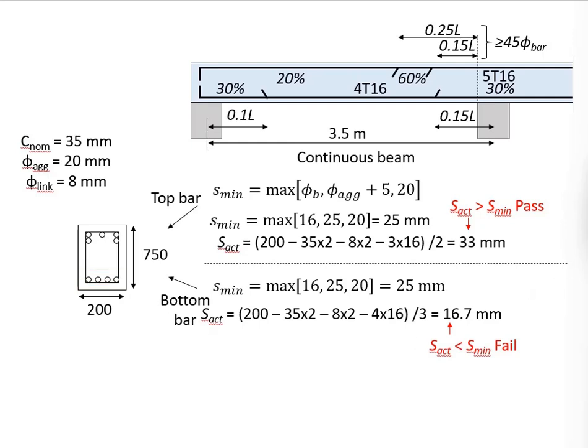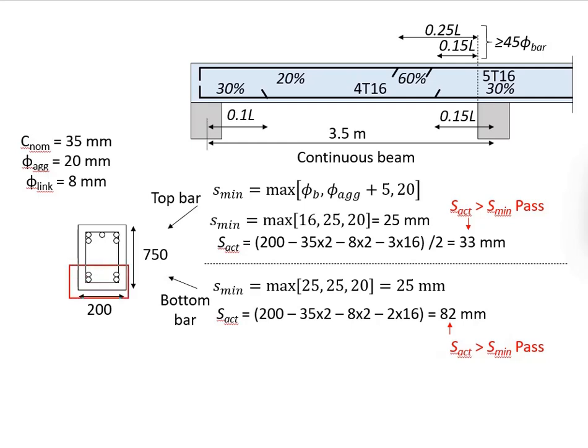Instead, you can stack the reinforcement to be something like this. You will do the calculations for the actual spacing. Get the width minus the cover, both sides, minus the links, both sides, minus 2 rebar. You will get the spacing between rebar at 2 mm. This is greater than the minimum spacing. With that, your final arrangement of the rebar at the midspan and at the support will be something like this.